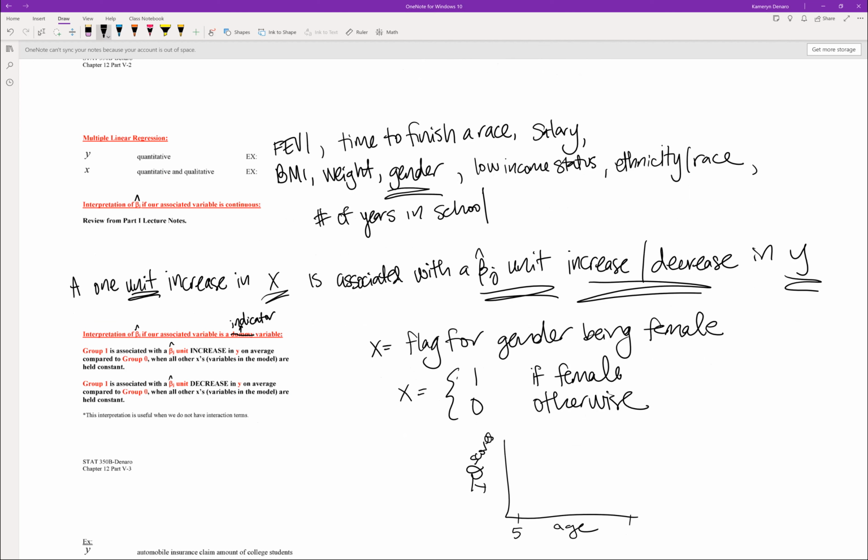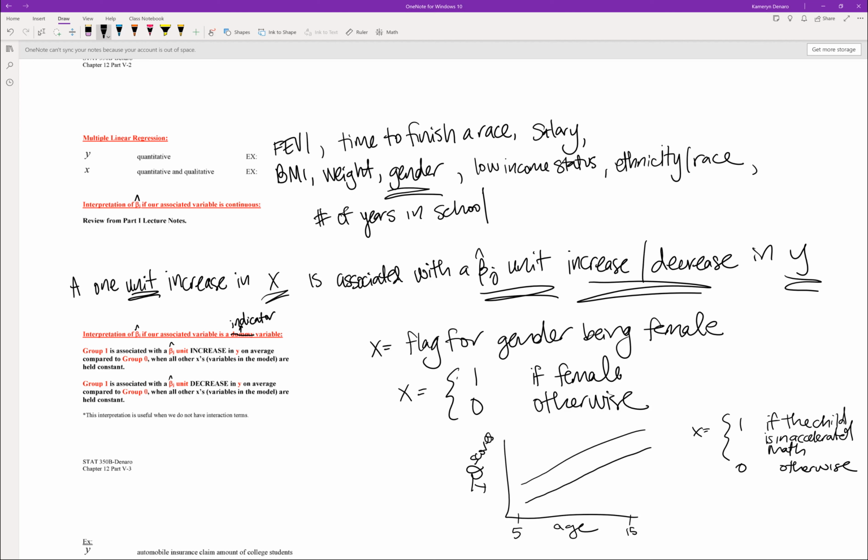If we have a prediction line, let's suppose we had 2 lines that were parallel to one another. Let's say that X equals 1 if the child is in an accelerated program, accelerated math, and 0 otherwise.